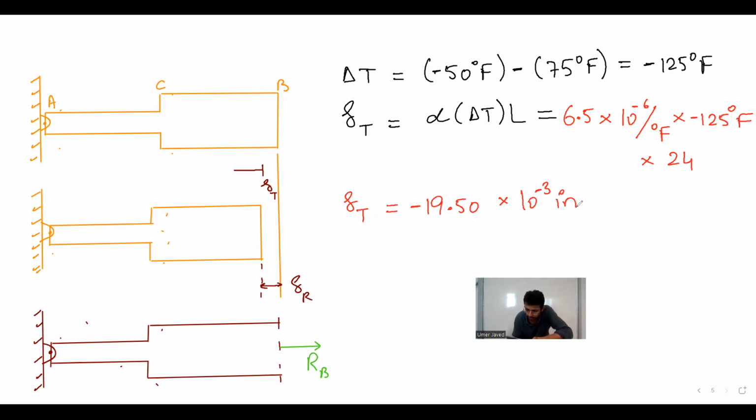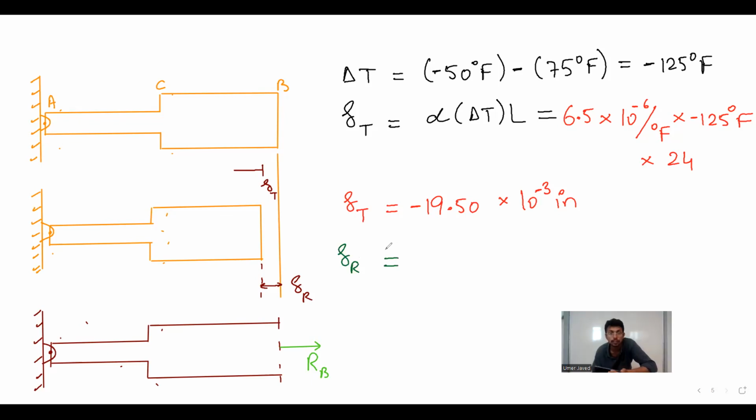Okay. Last but not least, what will be delta R? Let's call this 1 and this 2. It will be P1 L1 over A1 E1 plus P2 L2 over A2 E2.